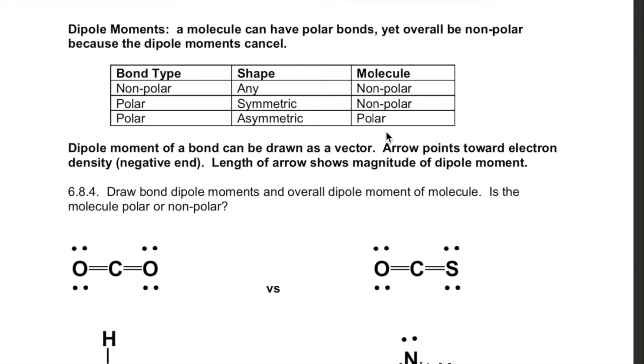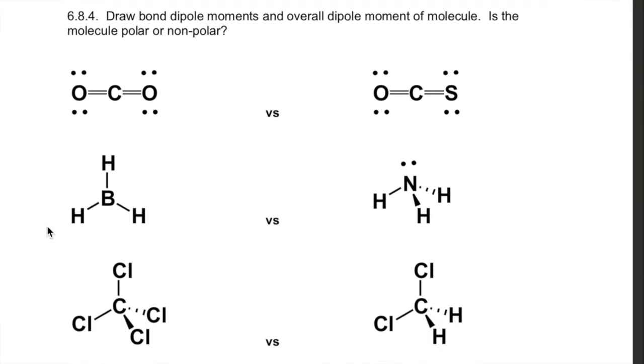In order to be a polar molecule and have one end of the molecule being positive and one end of the molecule being negative, we have to both have polar bonds that pull the electrons in one direction, and then overall the shape has to be asymmetric. Let's go ahead and see if we can illustrate it on this example below.